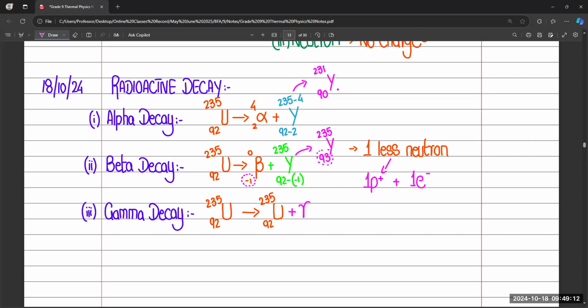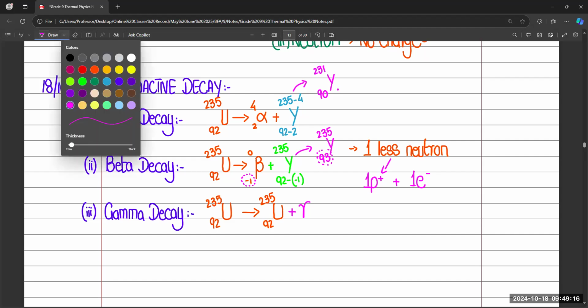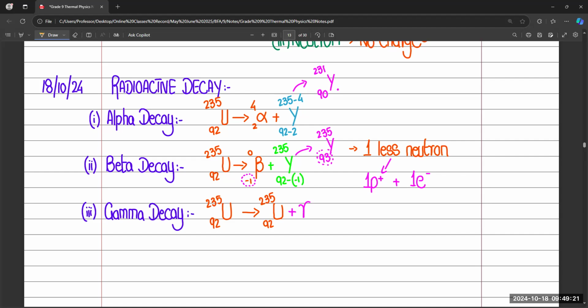But there is one difference in both uraniums: before the reaction, this uranium is more unstable, right? As compared to the uranium in your final result.